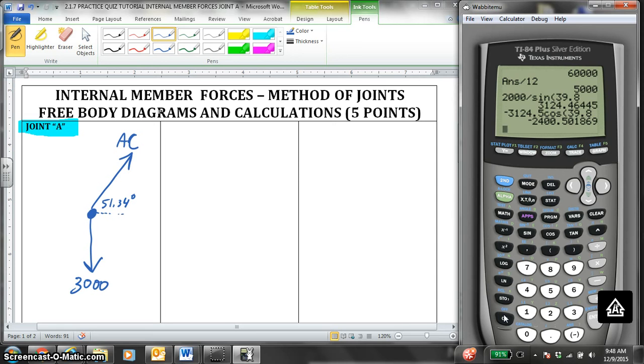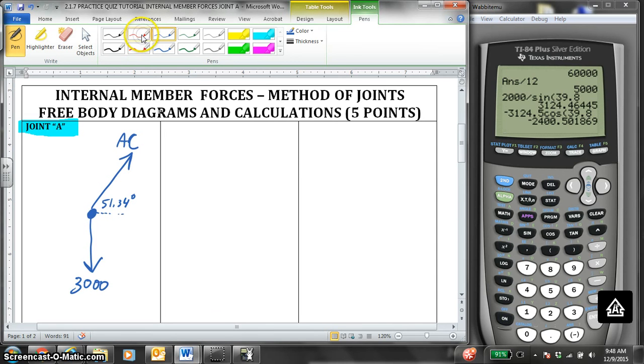And then, since we know from the previous problem that AB is compression, you draw towards, because towards the pin is compression, away is tension. Since this is compression, you put 2400 towards the pin. In method of joints, away is tension, towards is compression. It's just something you have to know.